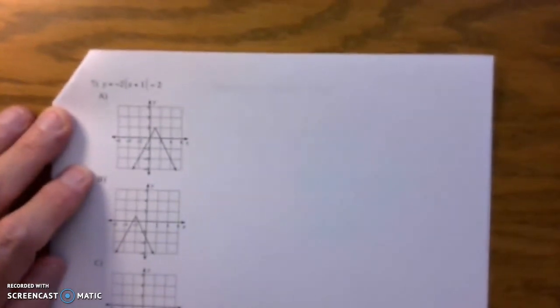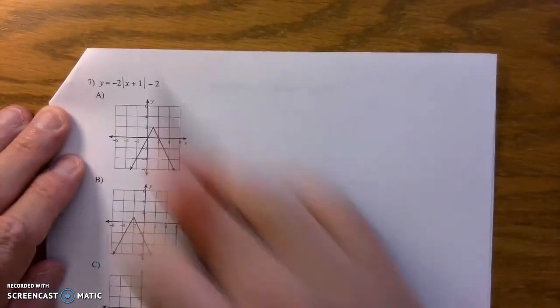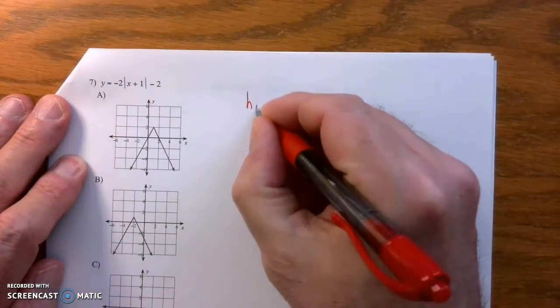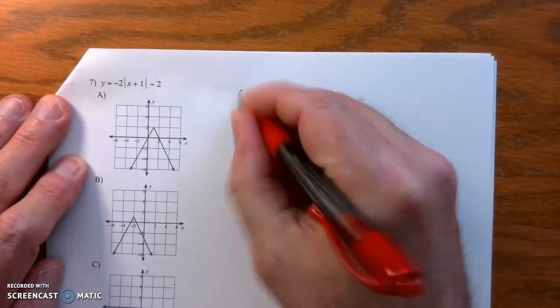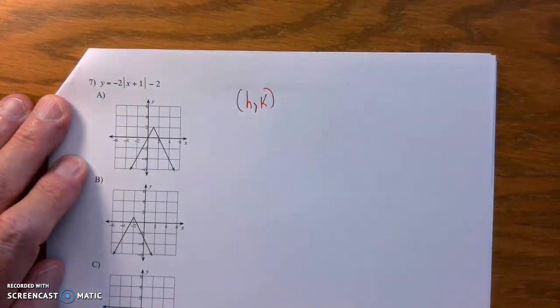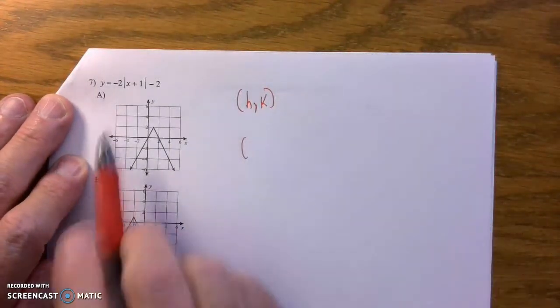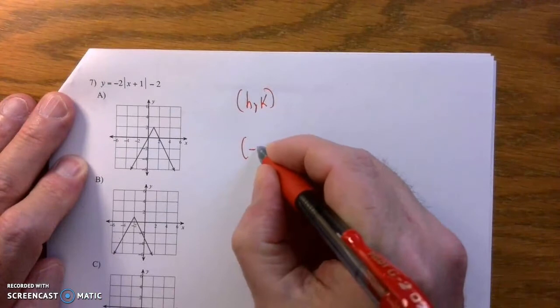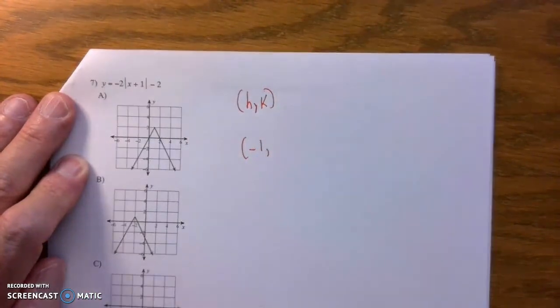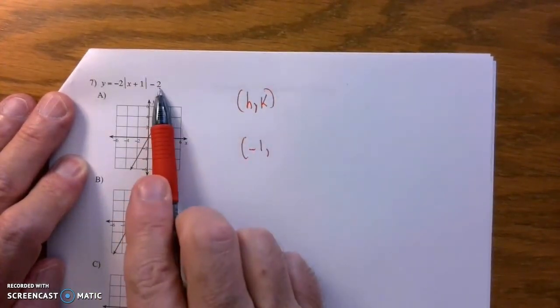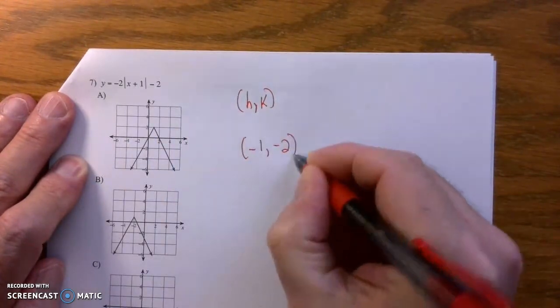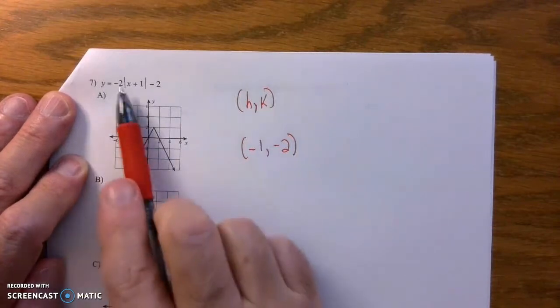Our last one. All right. We want to find HK. And we know, we look inside, say the opposite. This says +1. That means this H is -1. And K is exactly what's outside, -2. Now, this is upside down.